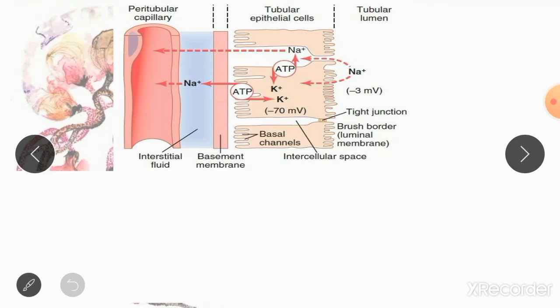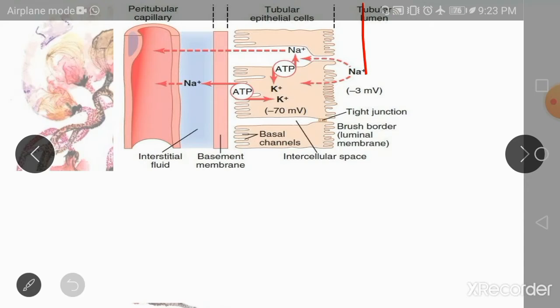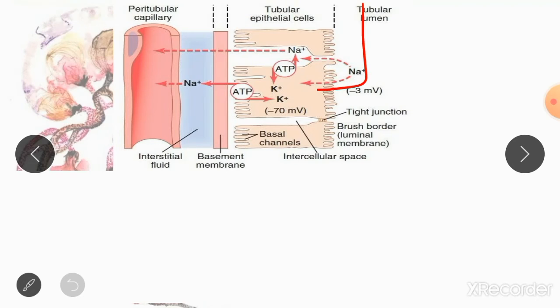ठीक है, तो बेटे ये एक सिंपल कॉन्सेप्ट है कि सोडियम जब ल्यूमिन में से मूव कर रहा होता है तो उसको रीअब्जॉर्ब करने के लिए यहाँ पर कुछ प्रोटीन्स मौजूद होती हैं, और ये फैसिलिटेटेड डिफ्यूजन से सोडियम जो है वो रीअब्जॉर्ब होता है या it is transported from the lumen into the cell.